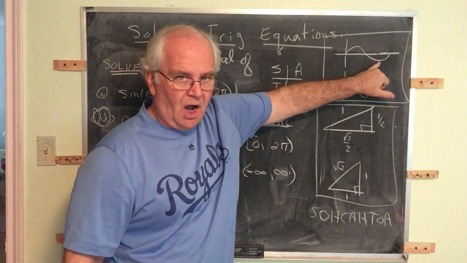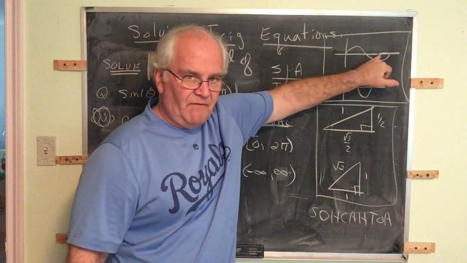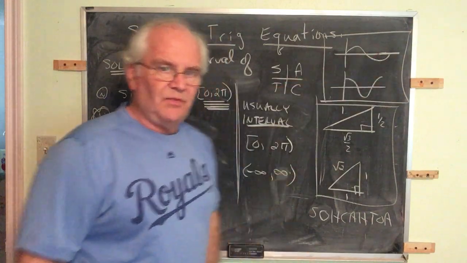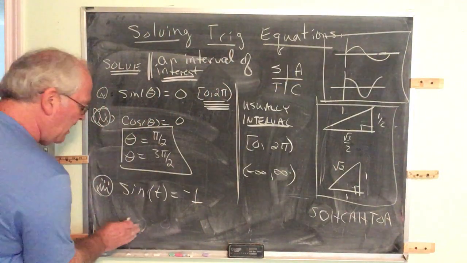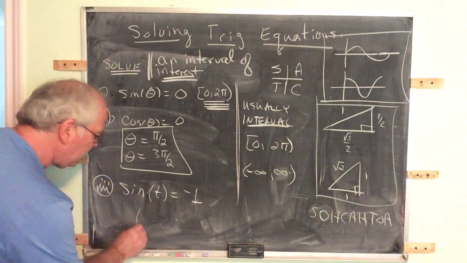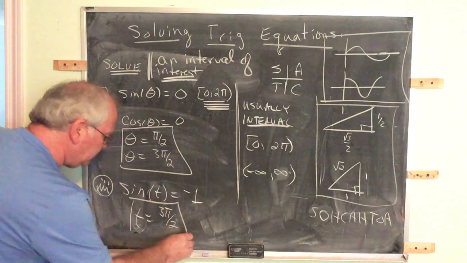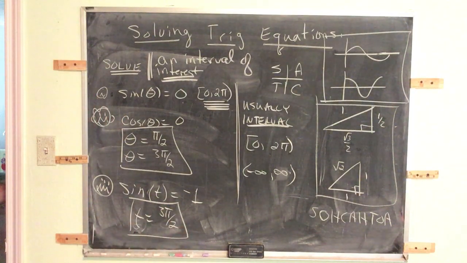Sine curve has a trough, it bottoms out when x is equal to, or in the input value, the domain value, is equal to 3 pi over 2. So no muss, no fuss. Immediately from knowing the graph of sine, we know that t is 3 pi over 2, the end. No work, nothing to show. All right?